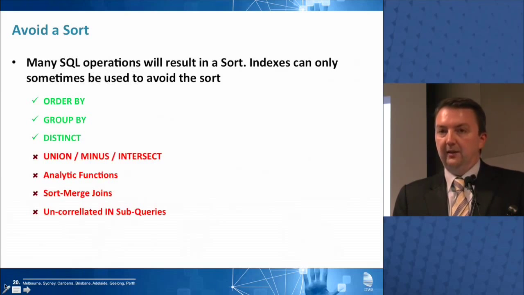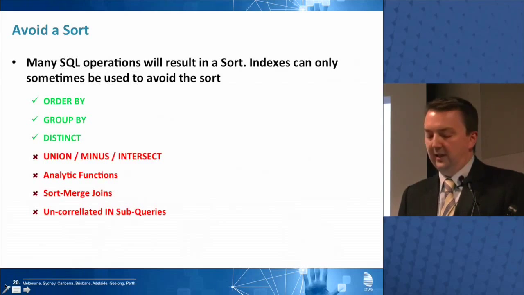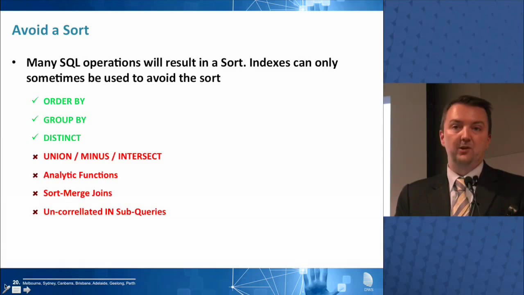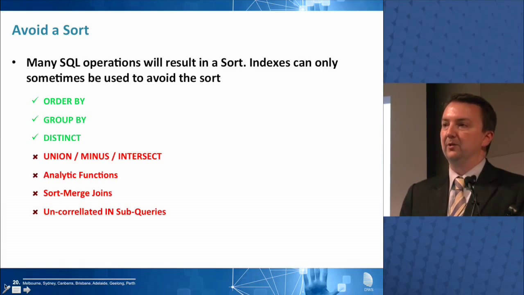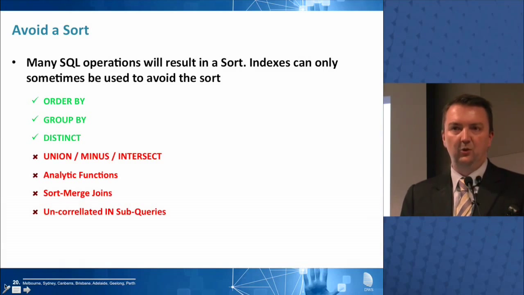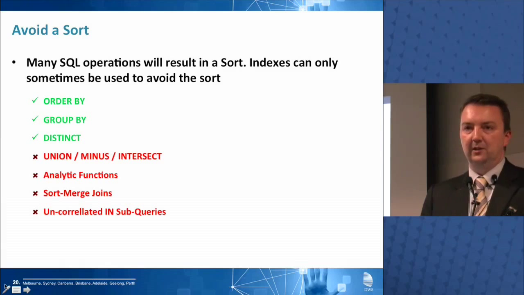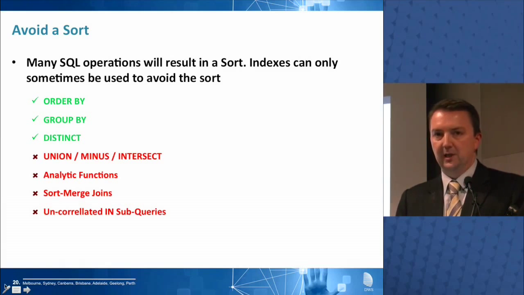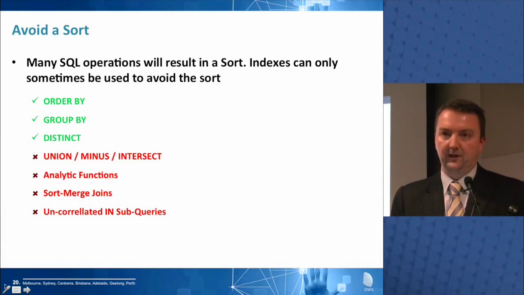Avoiding a sort, you can't avoid all sorts. When we think about sorts, an order by is going to get a sort. You might know that group bys will often use a sort. In more modern versions of Oracle, there are other methods of doing a group by, hash group bys, so you don't always have to use a sort for that. Distinct, there's hash distinct now as well with modern versions, but you used to always have to use a sort for that.